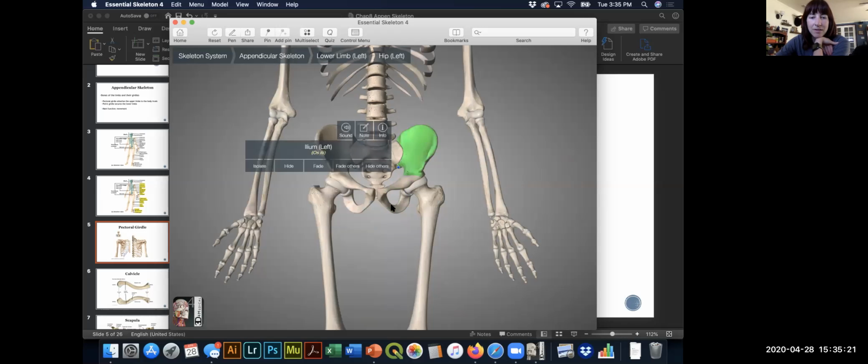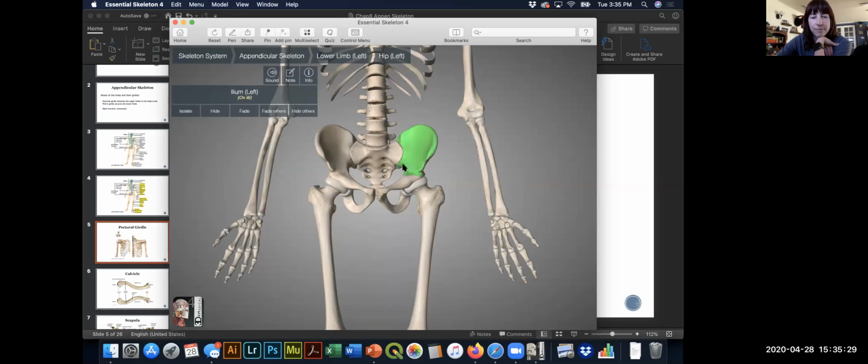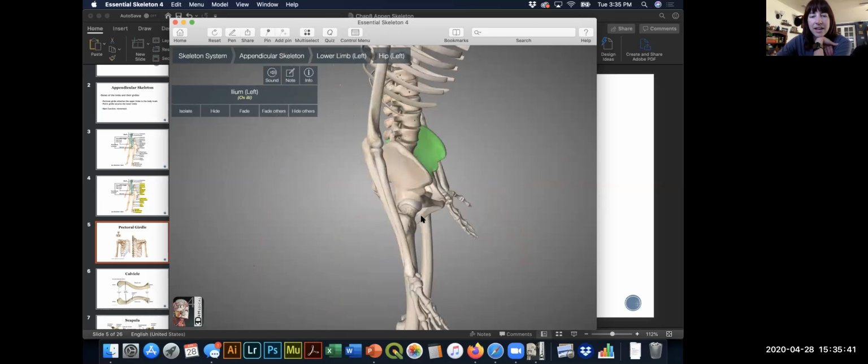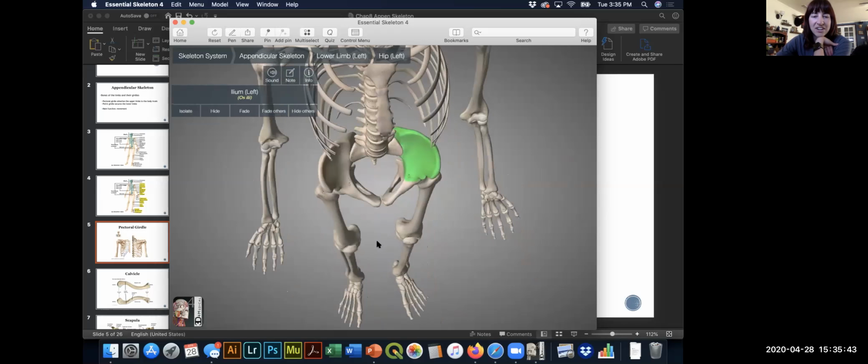But combined, all 3 of those on each half of your pelvis is called the coxal bone, or os coxa, right? It is attached to your axial skeleton via your sacrum posteriorly, and on the anterior side, your 2 coxal bones attach to each other via this pubic symphysis, right?